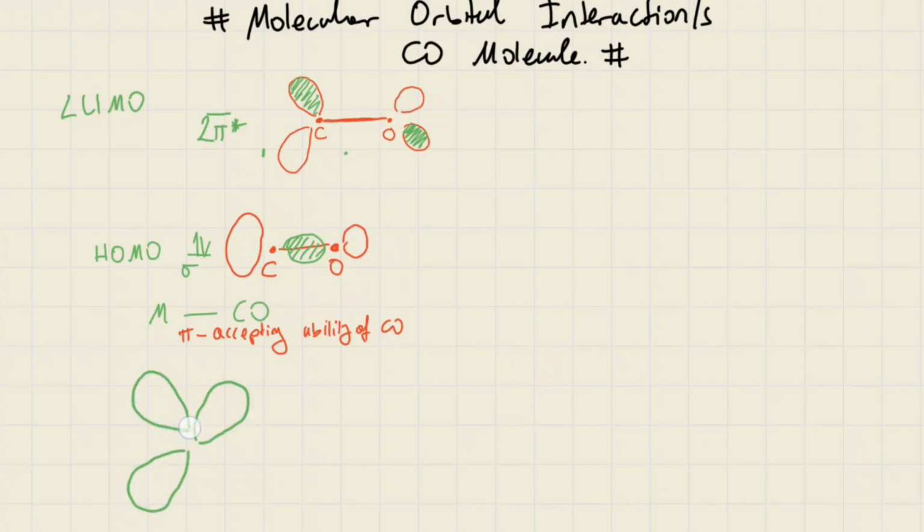Okay, this is one of the T2G orbitals. This is a T2G metal orbital. So it comes from the symmetry, as you know. We have a carbon center, we have an oxygen center. I am drawing the same orbitals here.